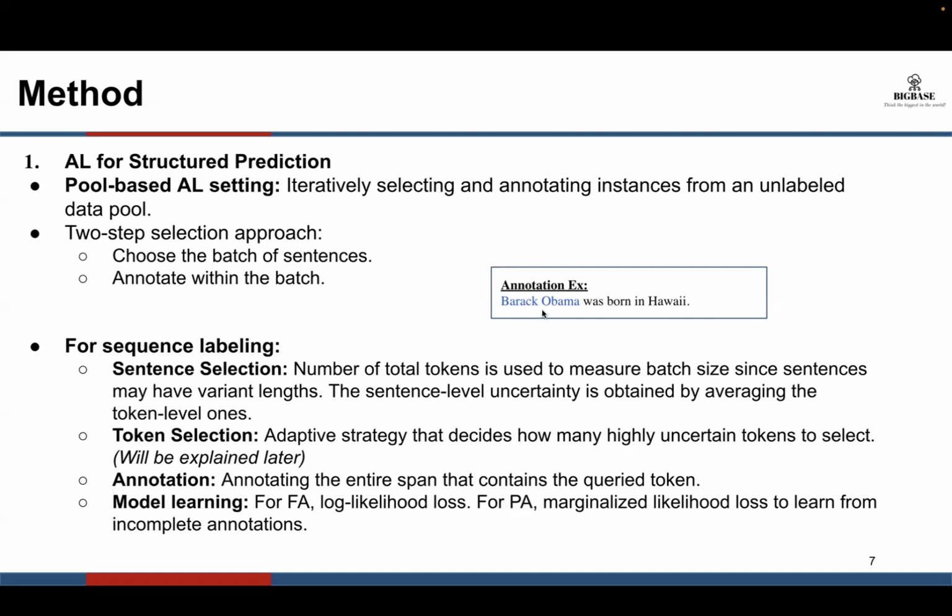But since here the named entity is the name plus the last name, in the annotation step, they annotate this entire span. Name and the last name will be labeled as a named entity, like as a person. So this is the type of annotation strategy they used. And for model learning, they use different loss functions for full annotation and partial annotation.